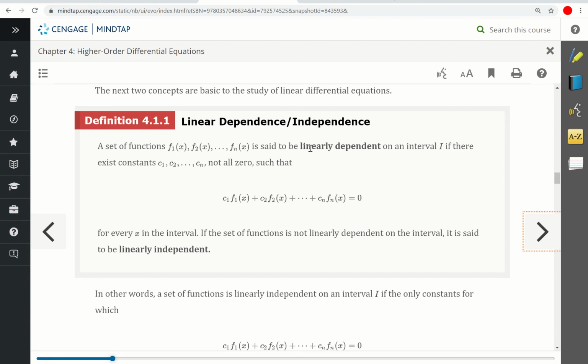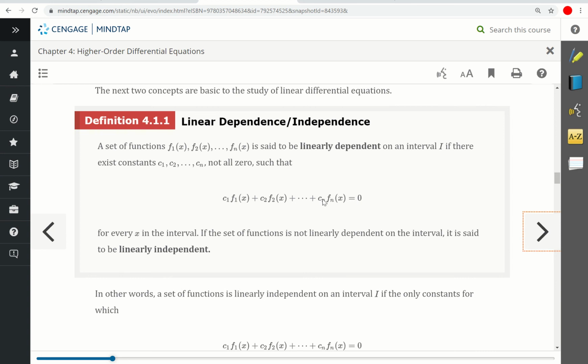These functions are said to be linearly dependent on an interval I if there exist constants c1, c2 up to cn, not all of them 0, such that c1 times f1 plus c2 times f2 plus cn times fn is equal to 0 for all x in the interval I. Again, trivially, if you use 0 for all of the coefficients, then of course that would make the left-hand side equal to 0.